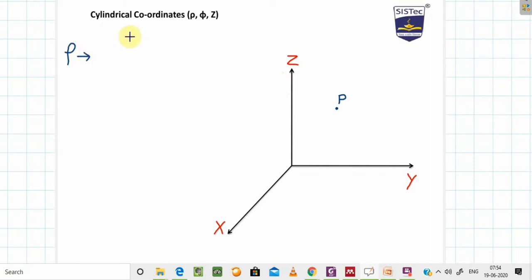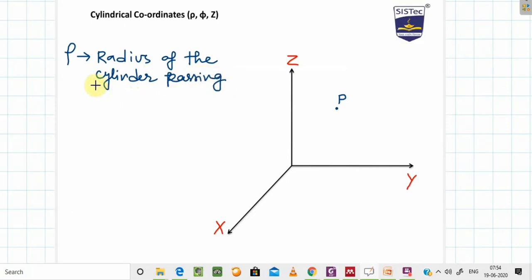Rho is the radius of the cylinder passing through the point P. Or we can say rho is the radial distance from the z-axis. Okay. The radial distance from the z-axis.